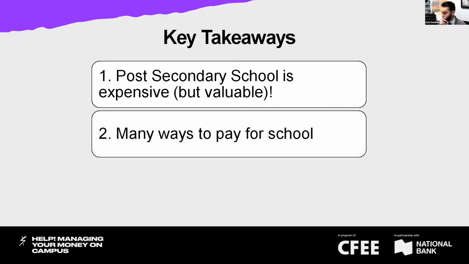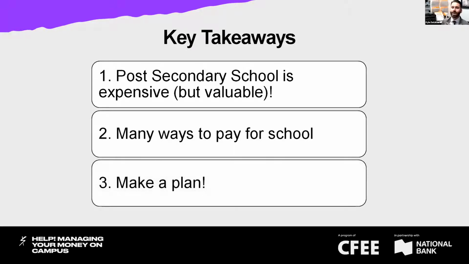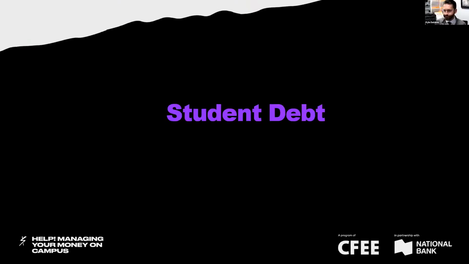There are many ways to pay for school, a lot of which we went over, and of course we just had our Zoom poll to see how we're doing so far. And number 3, make a plan. You cannot manage what you can't measure. It's very important that you're budgeting and looking at the money coming and going to ensure that you have everything managed and set up accordingly.